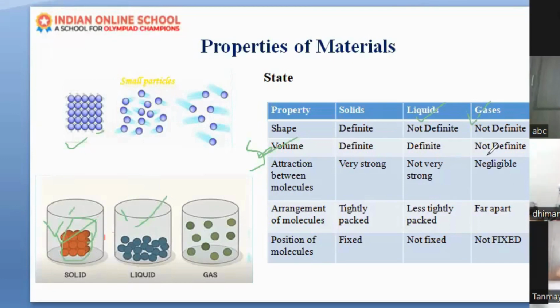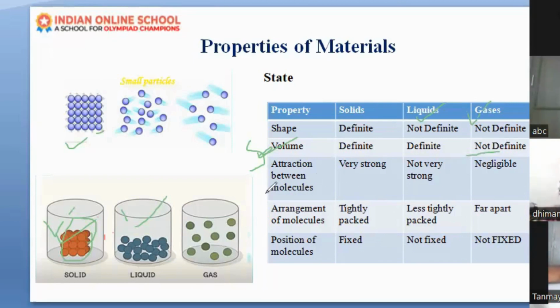And what about the gases? Does the space remain the same? No, it will take the whole space. I gave you the example of LPG in the third slide. If the gas is in the LPG cylinder, it will take the whole space of the cylinder. It can easily move apart from each other.